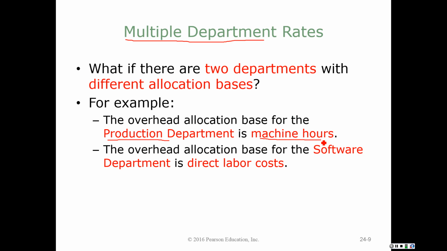We're running our machines. But what if in our smart tablets, we also have a software department? And if you think about in software, this is probably driven more by direct labor cost. I have some very skilled people, maybe some less skilled people that are actually working on designing and implementing the software into my smart tablets.